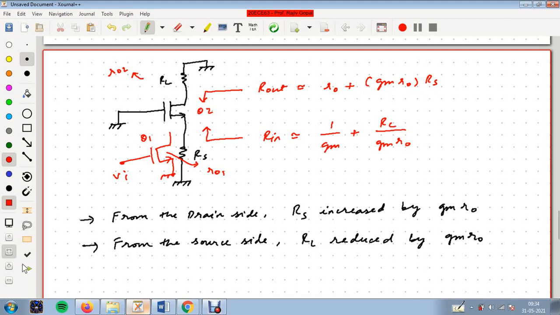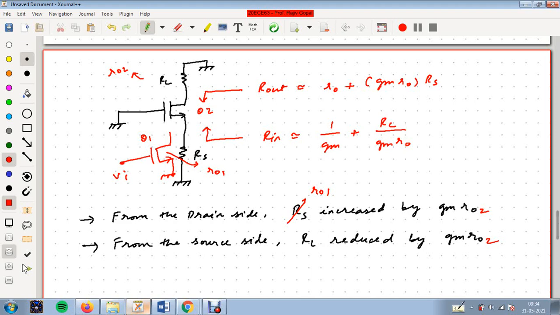Then this RS will actually get replaced with R naught 1, and this RL is the load impedance anyway. When measuring the gain of Q1, R naught 1 is increased by Gm R naught 2. R naught 2 is the drain source resistance of transistor Q2, and R naught 1 is the drain source resistance of transistor Q1.